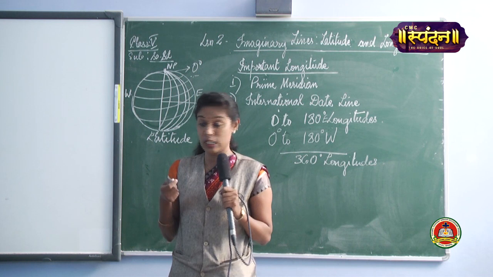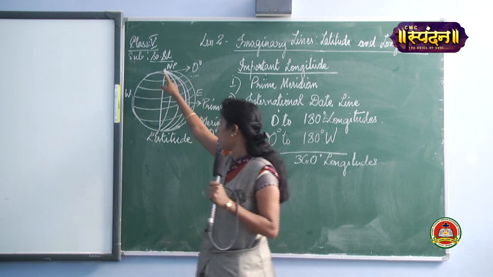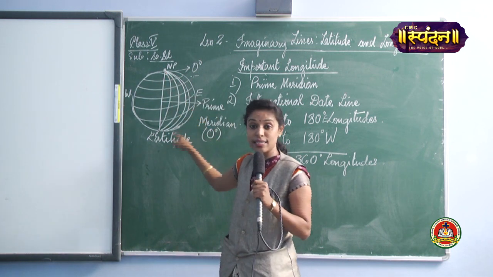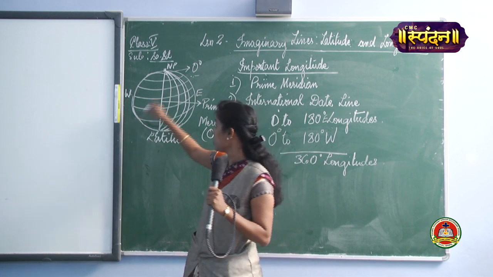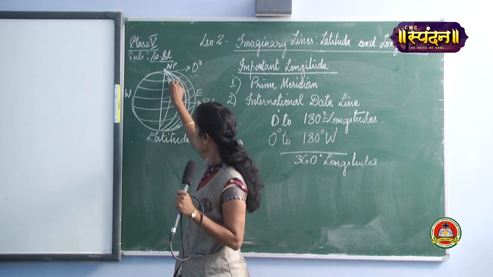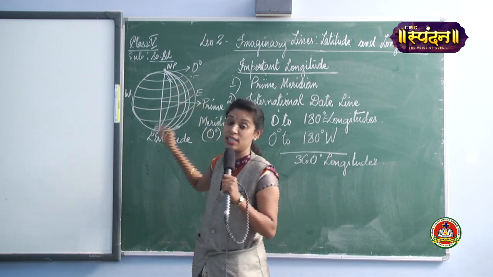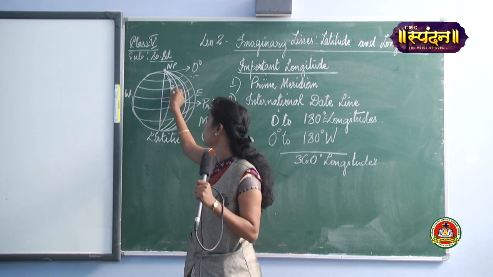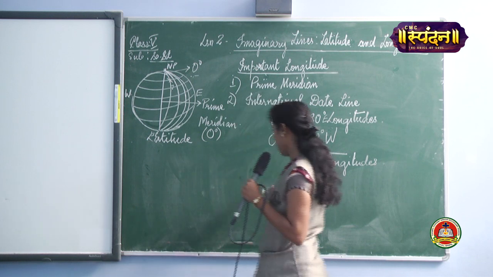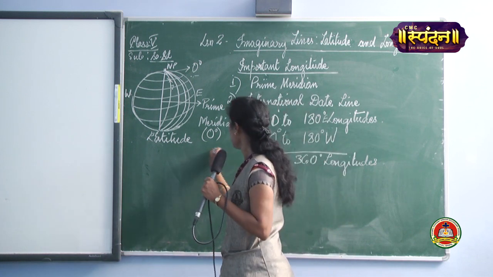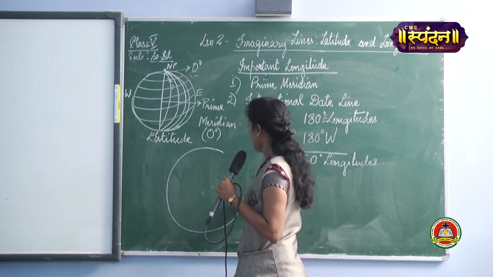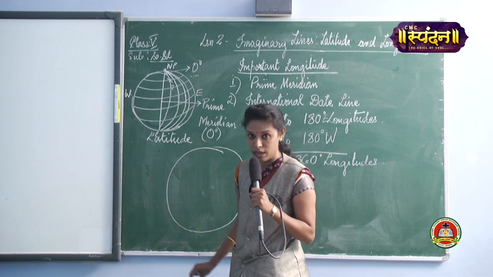Now moving to the next part. When these longitudes intersect the latitudes, this cross, can you see the cross? It makes a 90-degree angle. Yes, that means you had already learnt about latitudes.